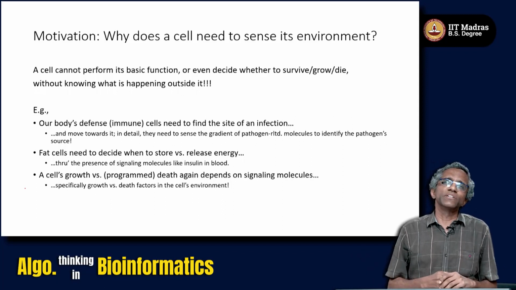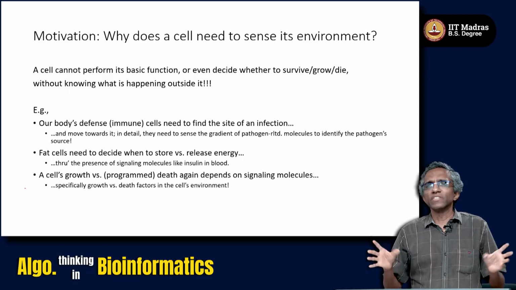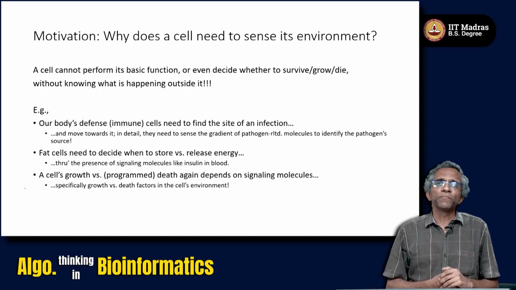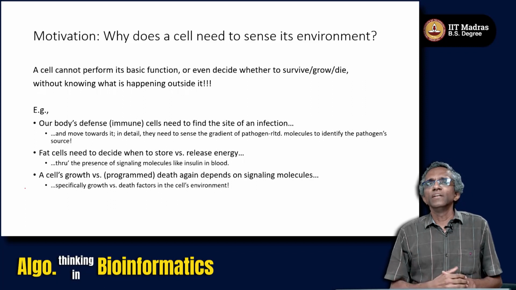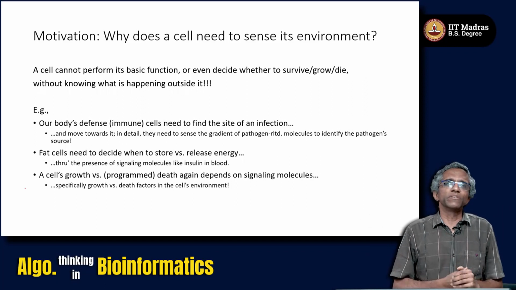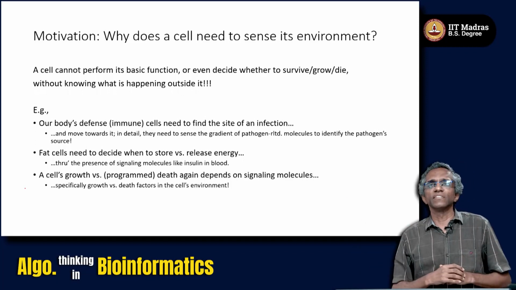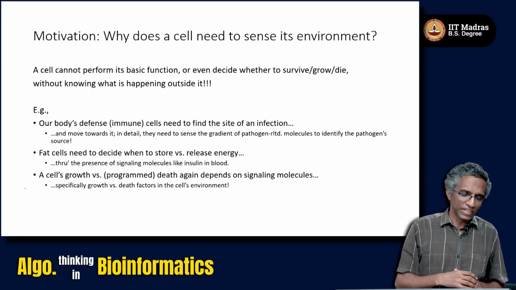So, it has to monitor the blood vessels surrounding it, which carry signaling molecules or hormones such as insulin and other molecules such as glucose. The levels of insulin and glucose will determine whether the fat cell needs to store the extra glucose or release the energy that it already has in its stores.